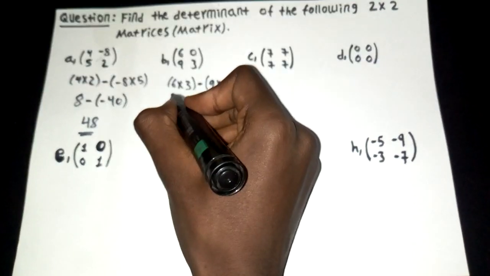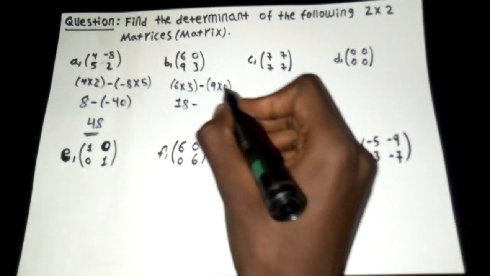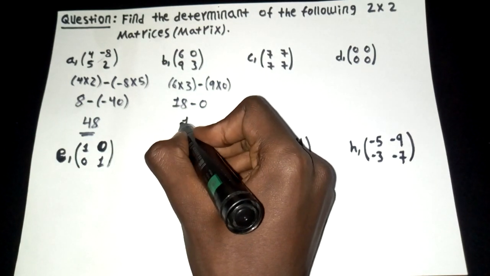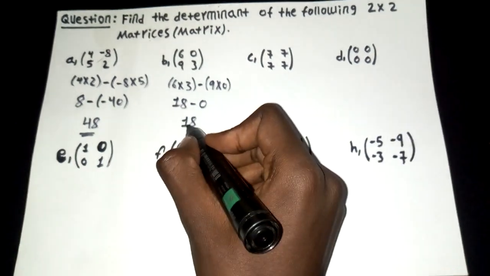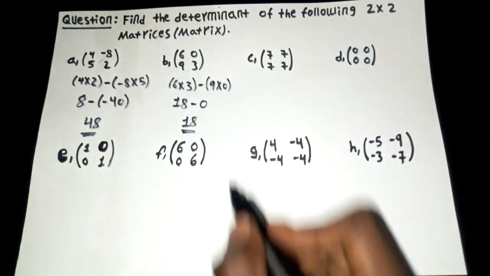So 6 times 3 is 18, minus 9 times 0 is 0. So our answer will be 18. So the determinant is this.